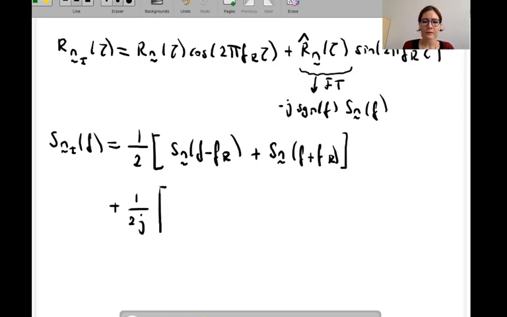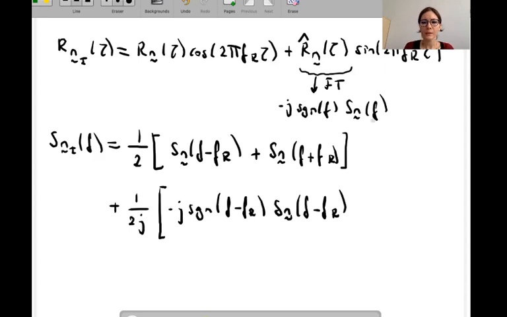And then this time we're taking the spectrum of this signal, so this expression, we're shifting to the right and to the left. So when we shift this to the right, that means that we're plugging in f minus fr instead of f. So we have minus j signum f minus fr times Sn of f minus fr.